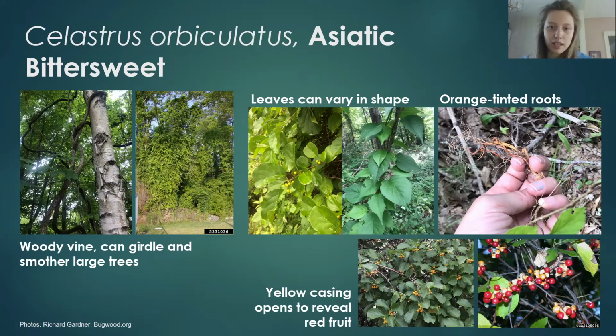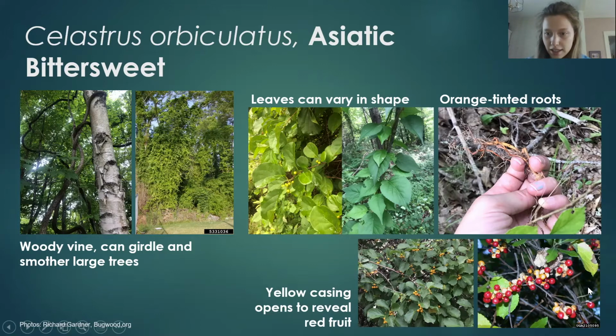And so thinking about the fruit, I'm not highlighting the flowers today just because they are a little bit nondescript, but the fruit jumps out a lot more. By fall, you'll have these really obvious yellow orange fruit all along, not just at the ends of the vines, but all along.